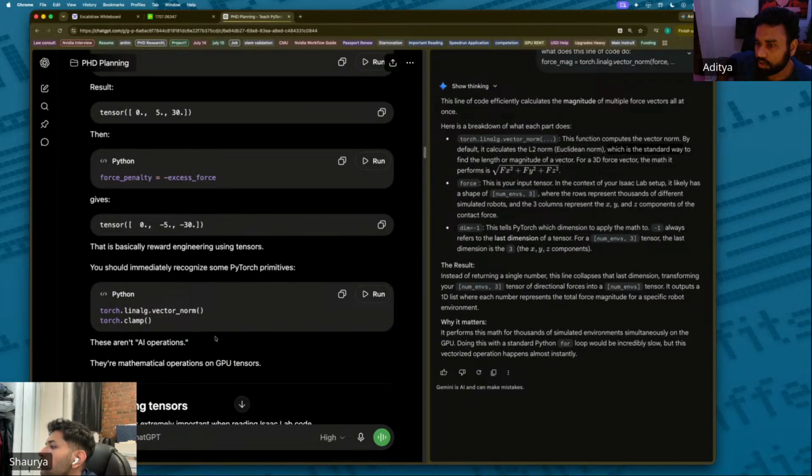Okay, dim equal to minus one. This tells PyTorch which dimension to apply the math to. Minus one always refers to the last dimension of a tensor. For example, in a num_envs, comma 3 tensor, the last dimension is 3, the XYZ components. Okay, the result. Instead of returning a single number, the line collapses that last dimension, transforming your num_envs, comma 3 tensor of directional forces into a num_envs tensor.